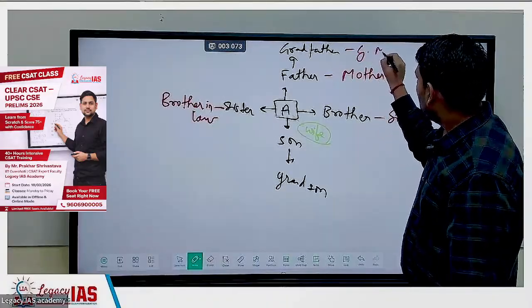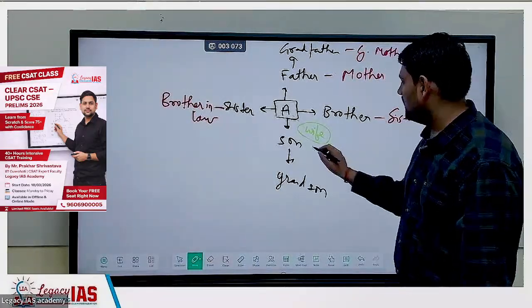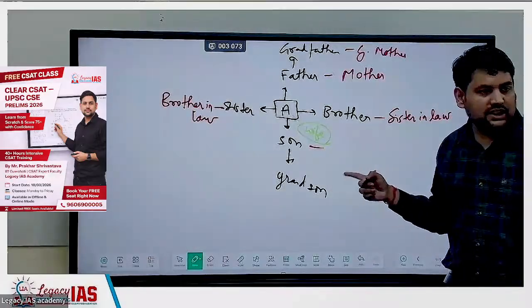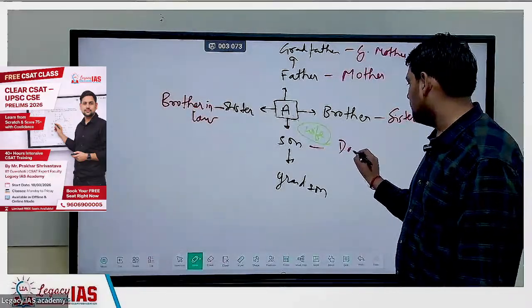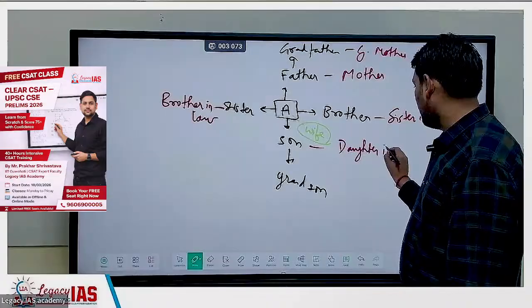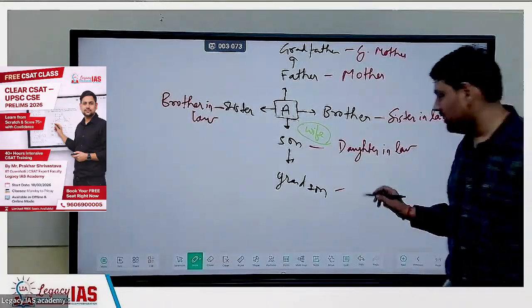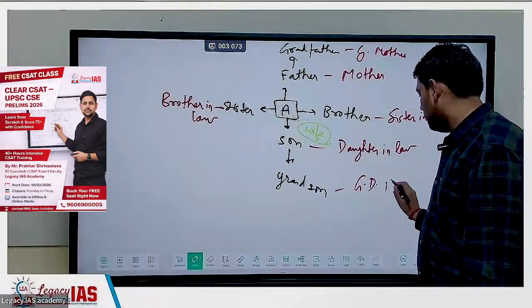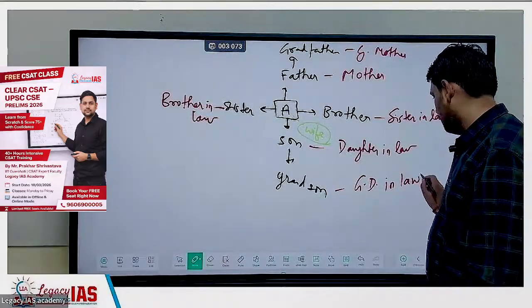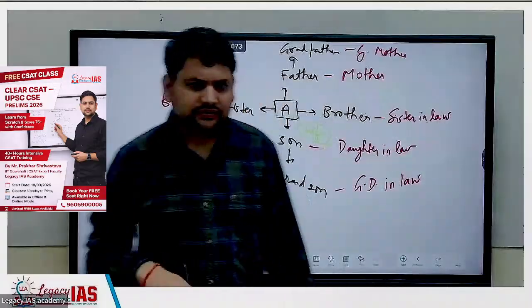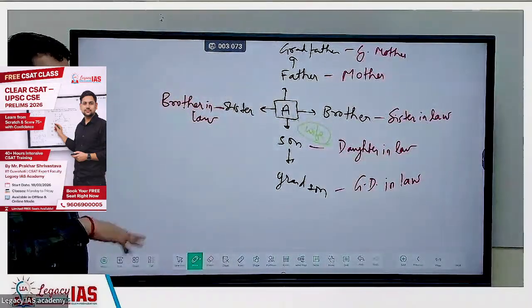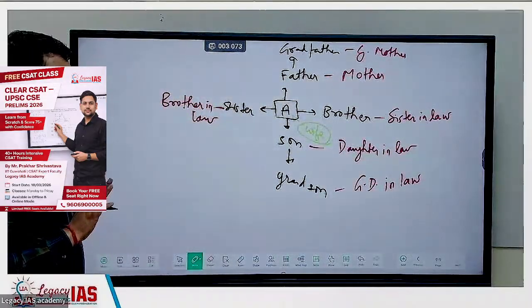This is grandmother. This is son. Son's wife, daughter-in-law. This is granddaughter-in-law. Understood? This much relation you should be knowing.